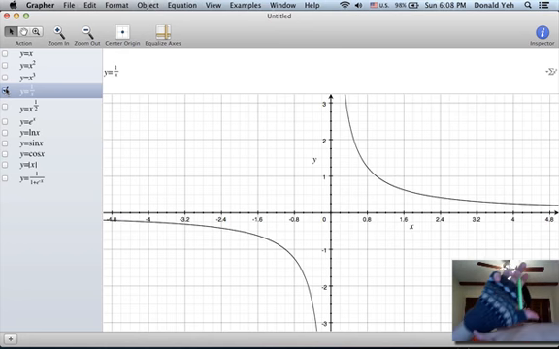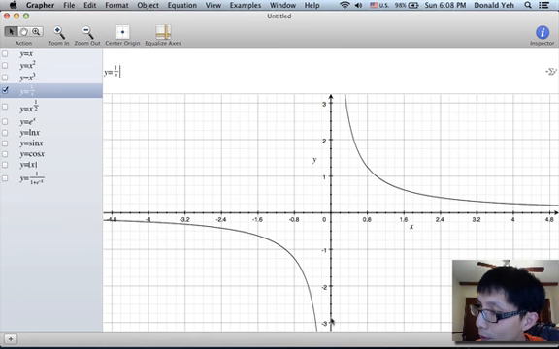It looks something like this, or the other way around, depending on how your graph looks. It's coming down this way, and coming down this way. There's a vertical asymptote and a horizontal asymptote. So the domain and range is kind of tricky. You do need to know this, and I already covered this the other day.